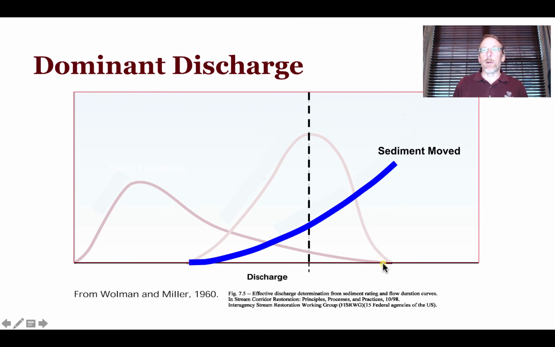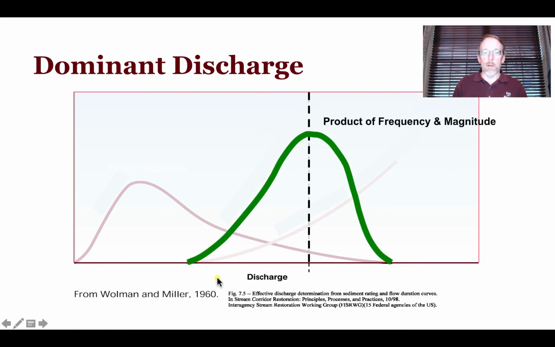The least frequent flows, like a 500-year flood, have the size and the power to move a lot of sediment, but they don't happen very frequently. These very frequent discharges over on this side of the curve don't move very much. But somewhere in the middle here, we get an optimization between the two, and that's the peak of our product curve, the product of frequency and magnitude.